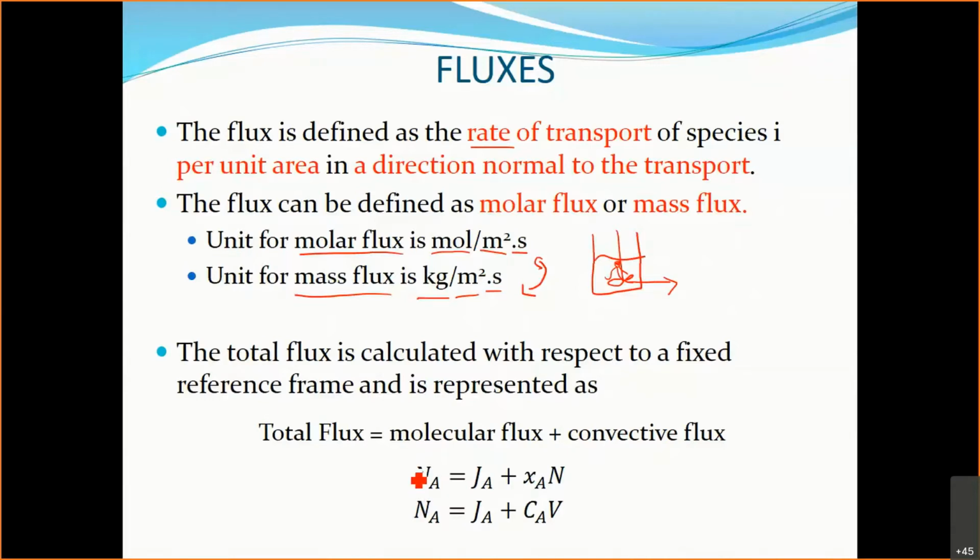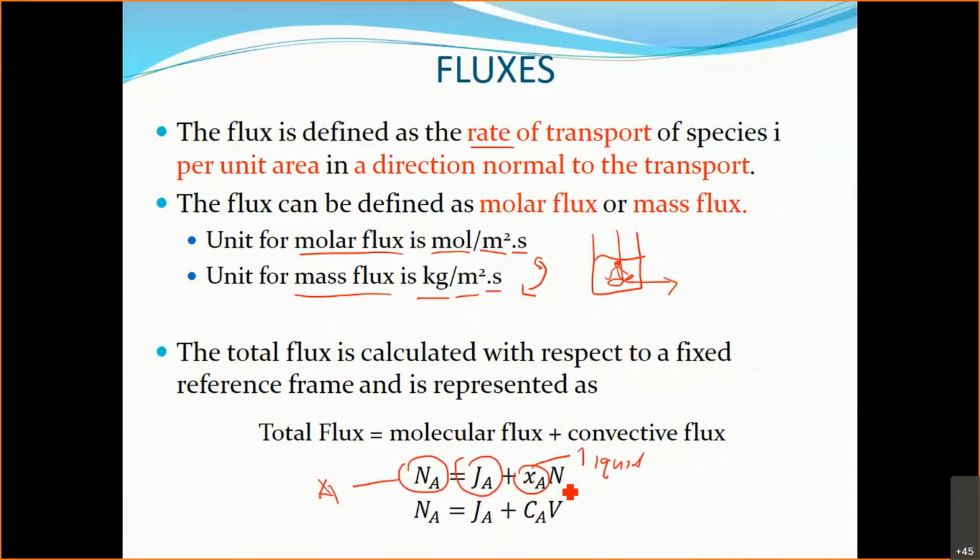When we have the symbol Na, it means the total flux of component A, which is a combination of the molecular flux, known as Ja, plus Xa, the mass fraction times N. If it's Xa, we know this is in liquid form, and N is the value of flux.